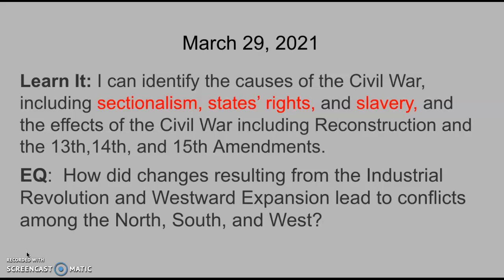Also, new farmland with rich, fertile soil, towns being built, all sorts of opportunities that allowed people to reinvent themselves or to start all over again, and attracted immigrants from all over the world.